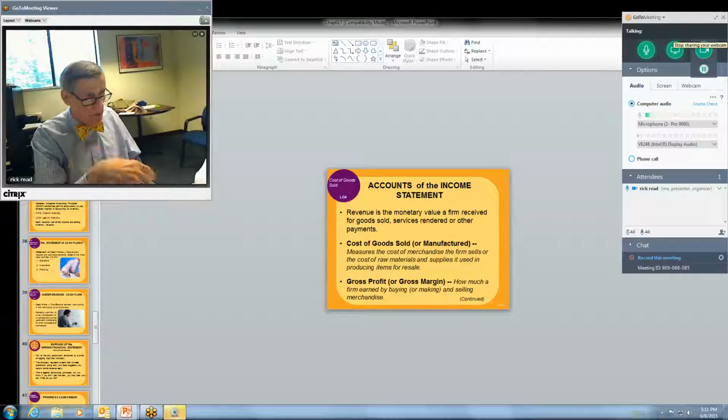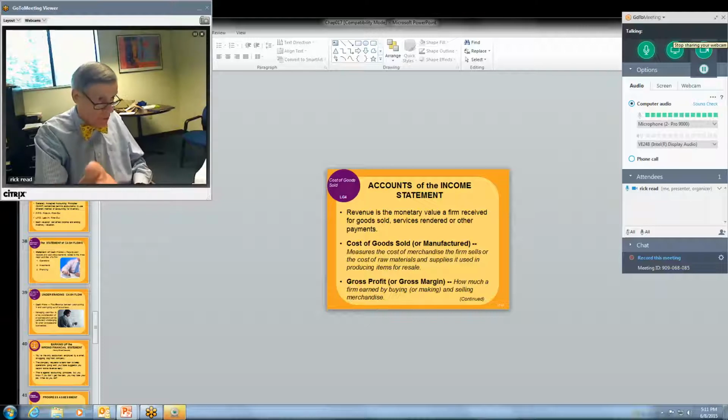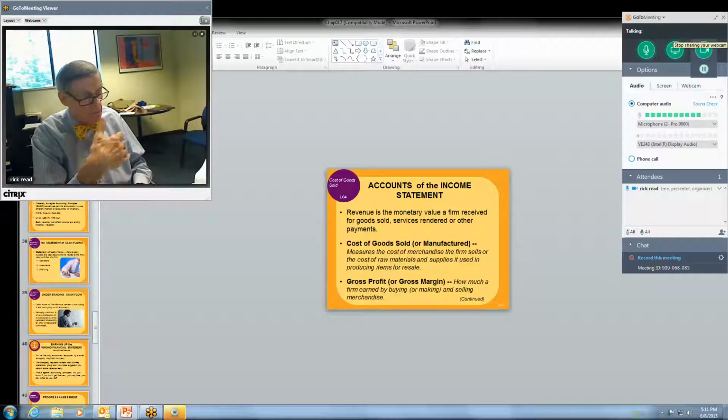It tends to be a little confusing. That's why I read that. So let's do that again. It measures the cost of merchandise the firm sells, or the cost of raw materials and supplies it used in producing items for resale. And then the gross profit, also known as gross margin, but I've most often heard gross profit.